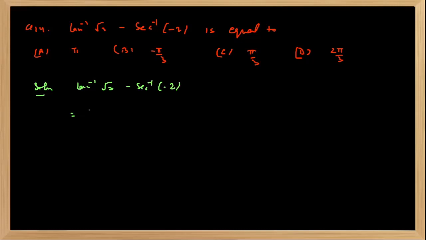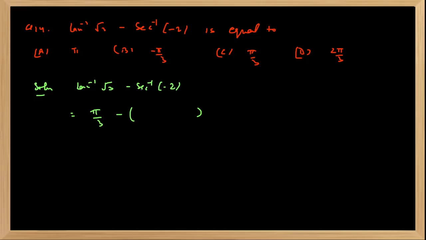Tan inverse root 3 is an angle between minus pi by 2 to pi by 2 whose tangent is root 3, and that angle is pi by 3. Sec inverse minus 2 is an angle between 0 to pi excluding pi by 2 whose sec is minus 2.